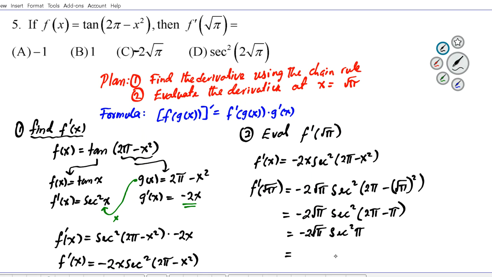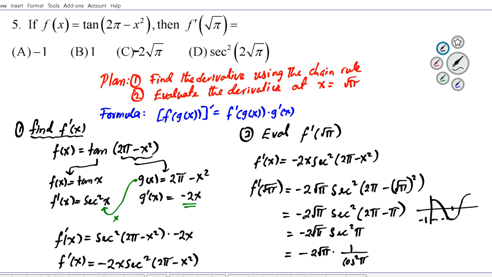So we can use the reciprocal trig function to do this. So this would be negative 2 root pi times 1 over cosine squared pi. Okay, so what is cosine pi? You can use the unit circle or you can use your trig function. If you use your trig function, cosine pi is negative 1.